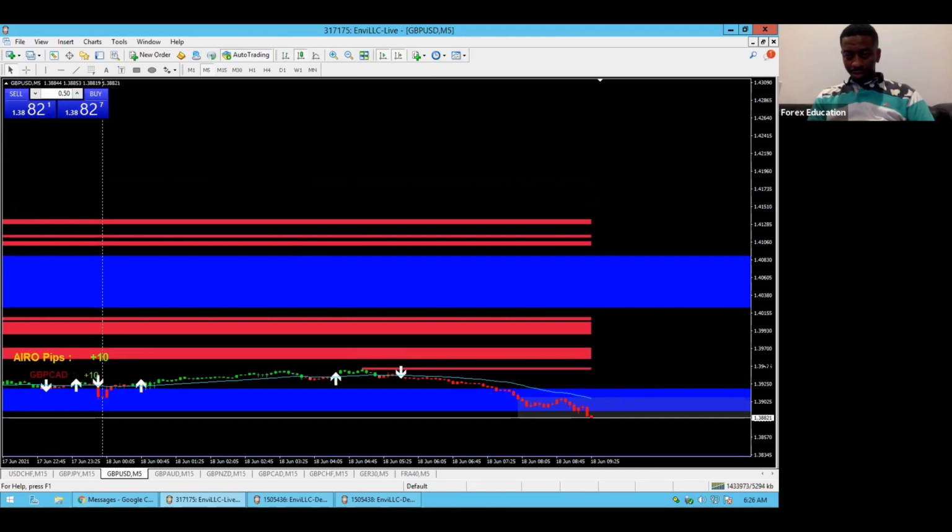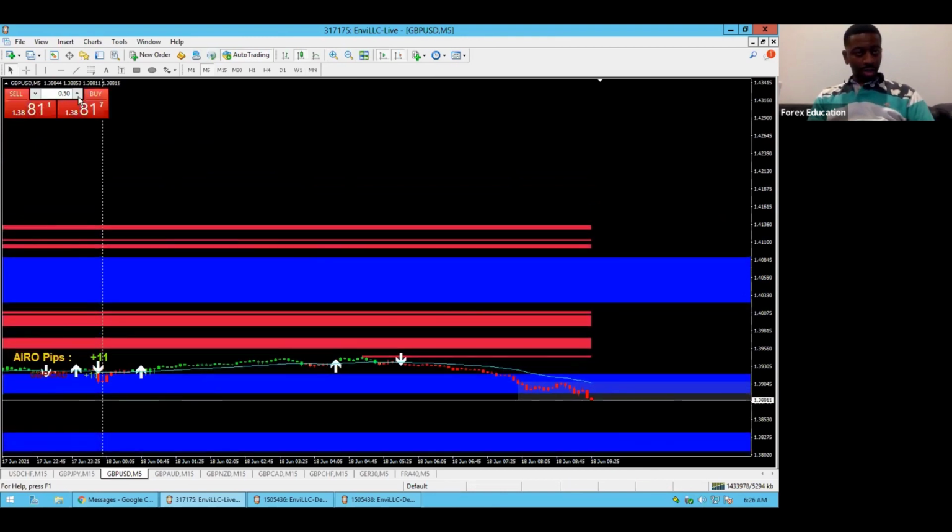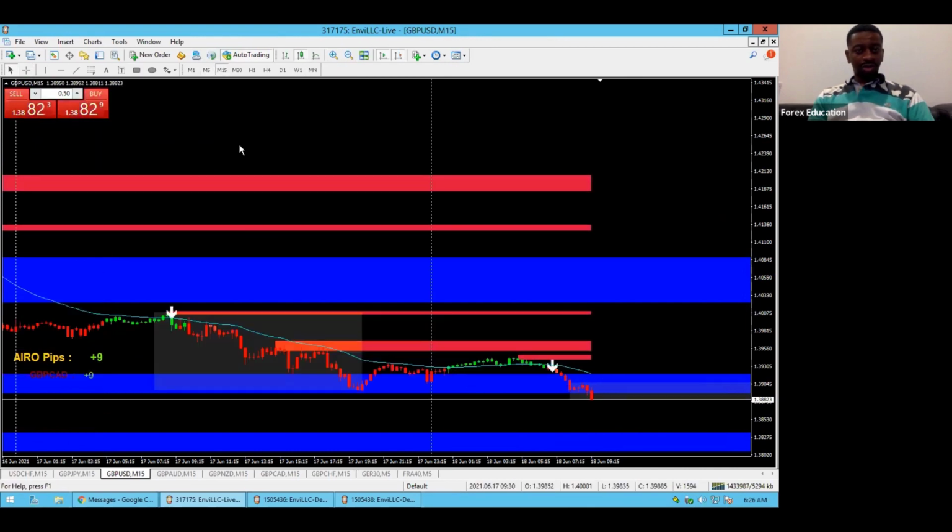Same setup too. Now we've got a lot further to go. Ooh. I need to see the retest first though. I need to see the retest.